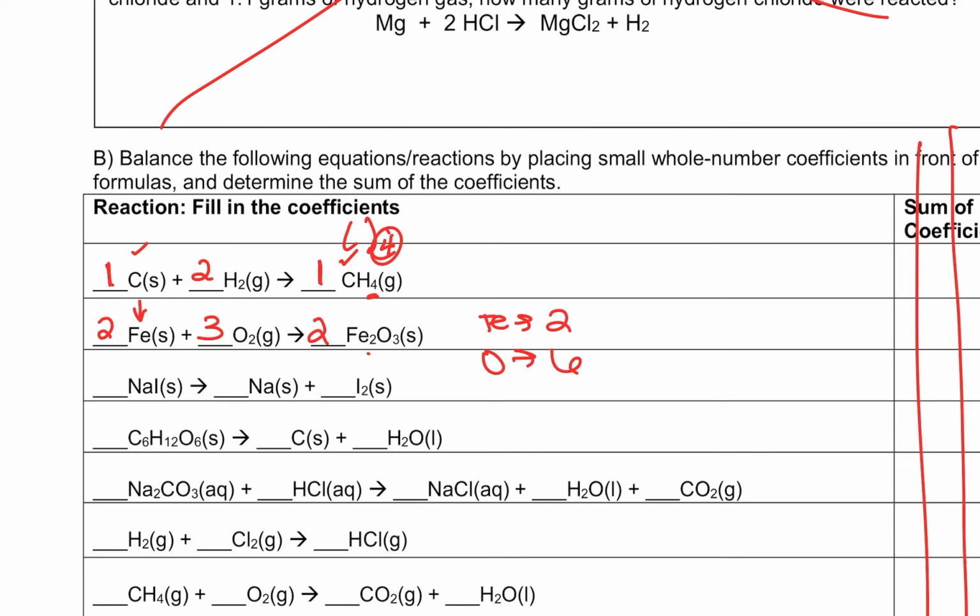Oh, I have 6, and on the other one, 2 times 2 is 4, and then 2 times 3 is 6. Okay, so here I would have to change it because this does not add up. So all I would do is go back, erase this, and here I have 4, here I have 2. What would I need to do? Just multiply it. Just change that to a 4. And that all works out.